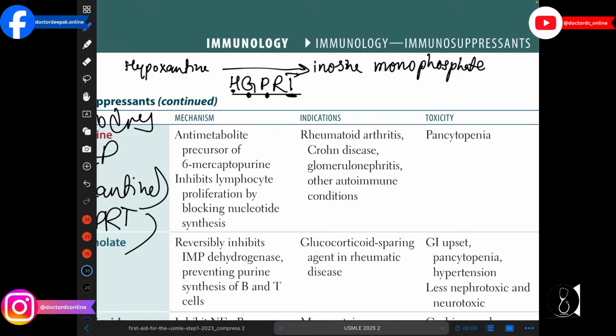This HGPRT is very important for the formation of IMP from hypoxanthine and GMP from guanine.